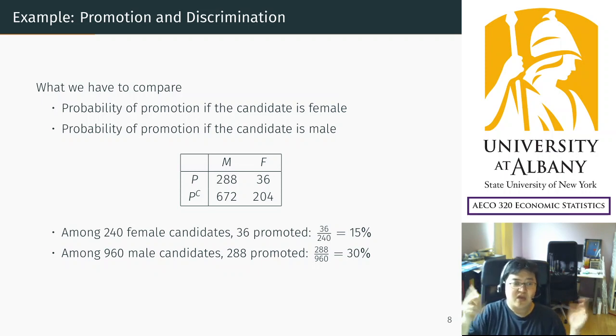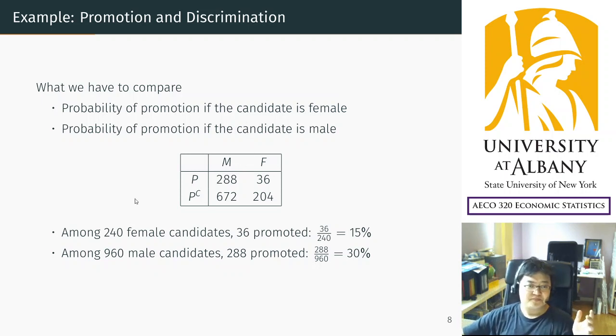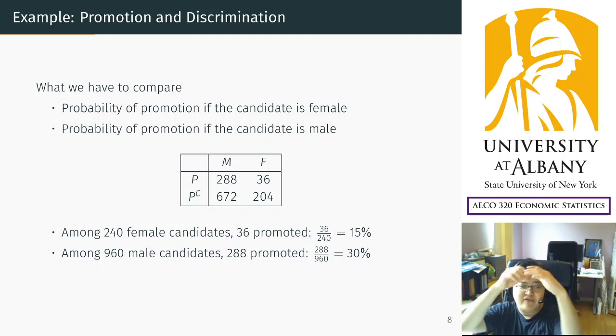Using our numbers, you can see there are 240 female candidates. If you randomly choose one of them, you choose only among the female candidates, not from everyone. Then only 36 were promoted, which is 36 out of 240, or 15%.